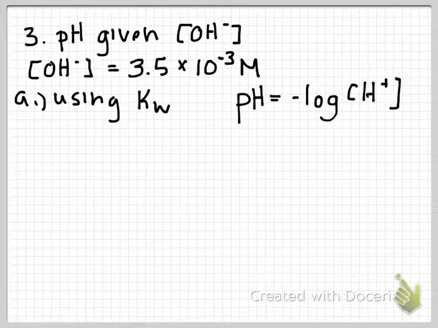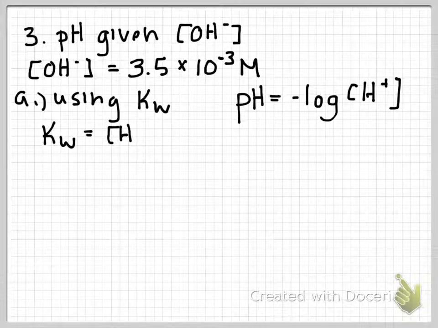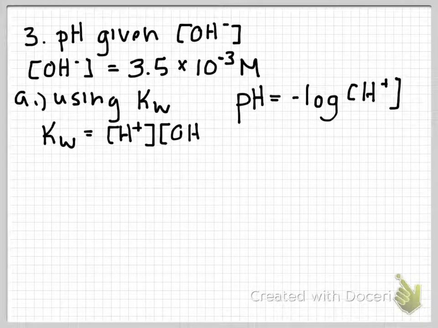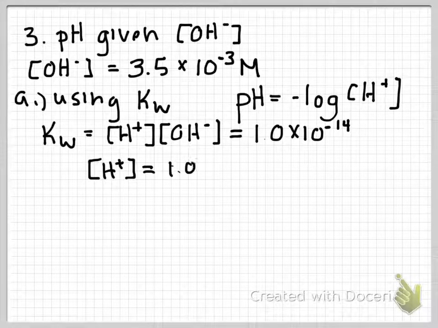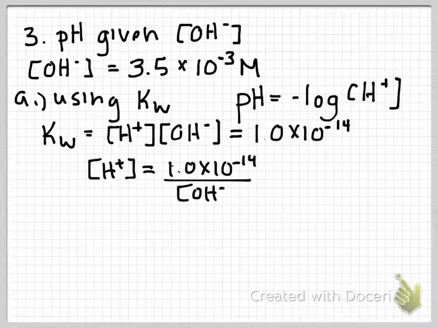So because we're going to have to relate the OH minus to the H plus concentration, we remember that relationship: Kw is equal to H plus times OH minus, and that number is equal to 1.0 times 10 to the minus 14th. So I know I can solve this for H plus. So H plus equals 1.0 times 10 to the minus 14th over my OH minus.